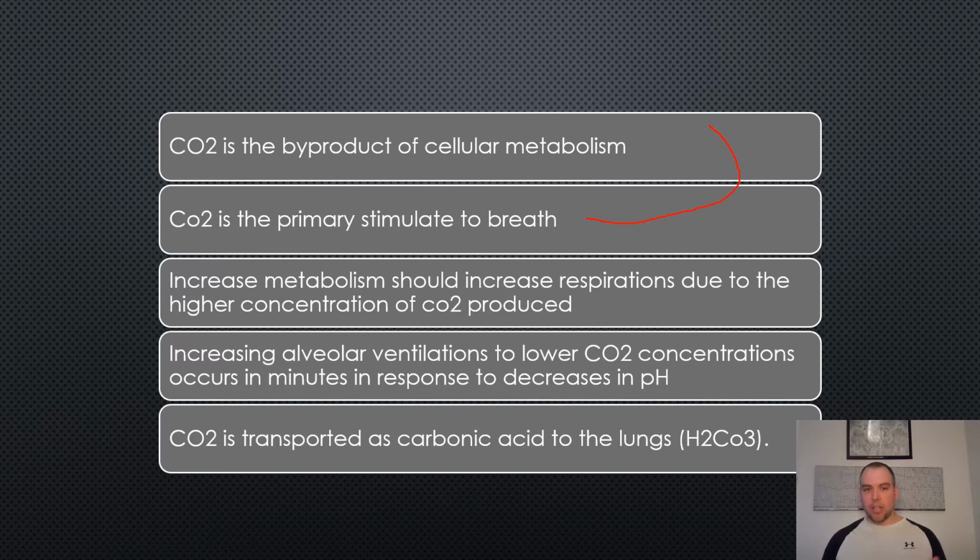Just about, or actually every single time your metabolism is increased, the first thing that's going to happen is an increase in respiratory rate. And that's good, and that's normal, and that's the respiratory system working normally, okay? CO2 is transported to the lungs as carbonic acid, and then CO2 and hydrogen is expelled.